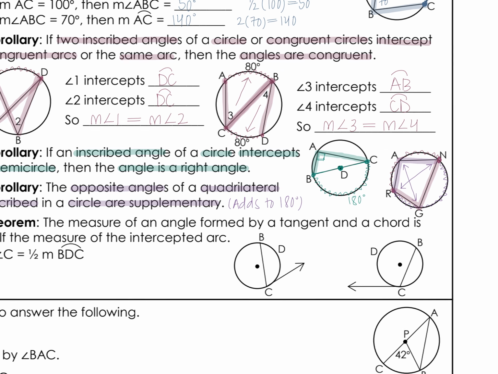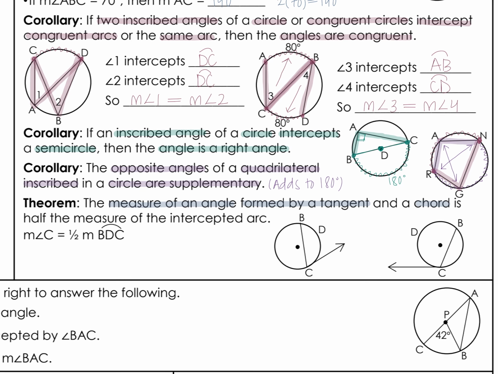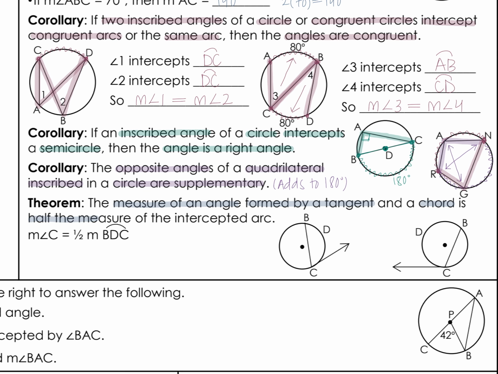All right, last thing we have is one more theorem stating that the measure of an angle formed by a tangent and a chord is just going to be half the measure of the intercepted arc.